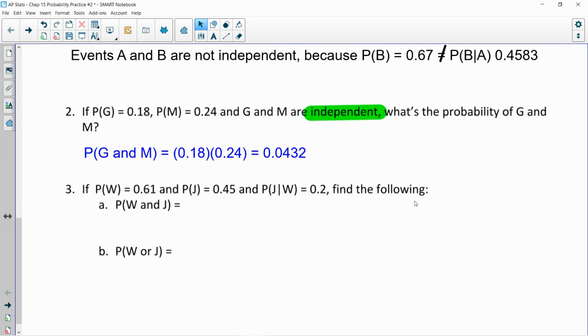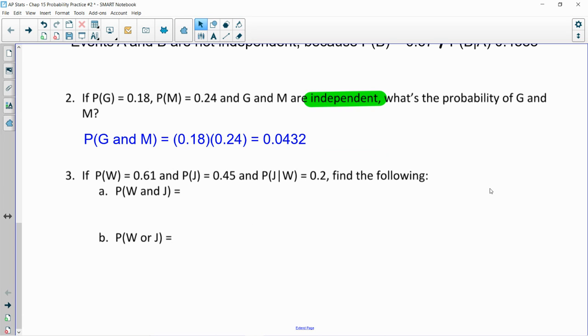All right, let's take a look at number 3. So here we have the probability of W, the probability of J, and the probability of J given W. We are asked to find what is the probability of W and J, and what is the probability of W or J. So let's think about how we're going to put this all together.